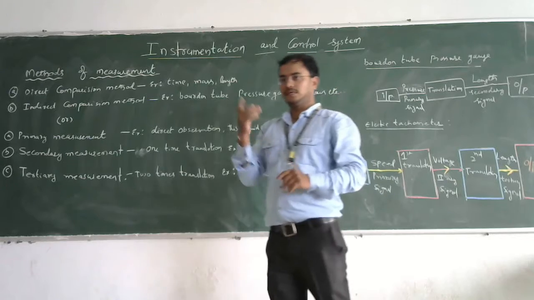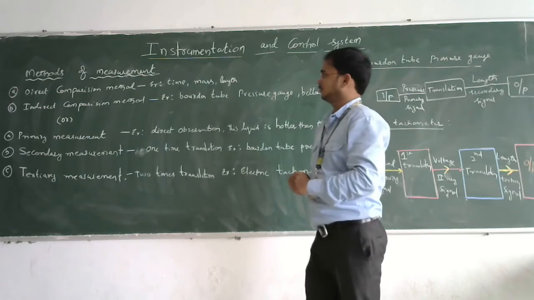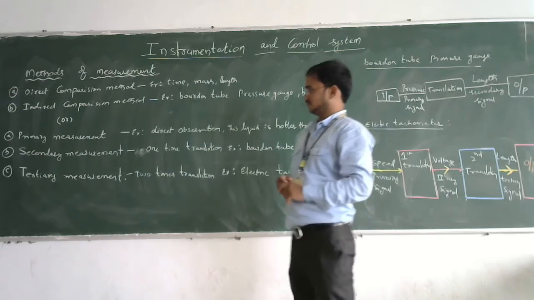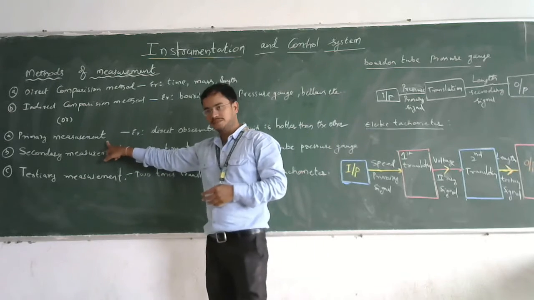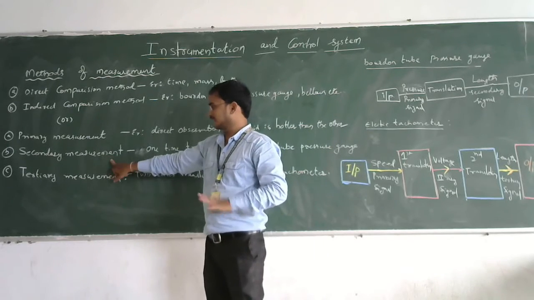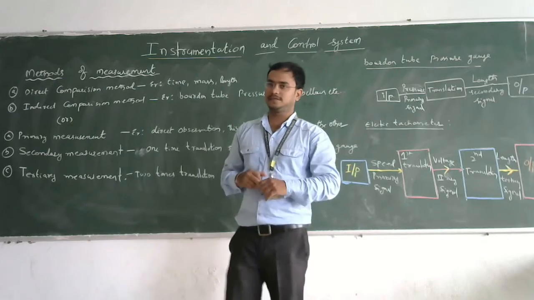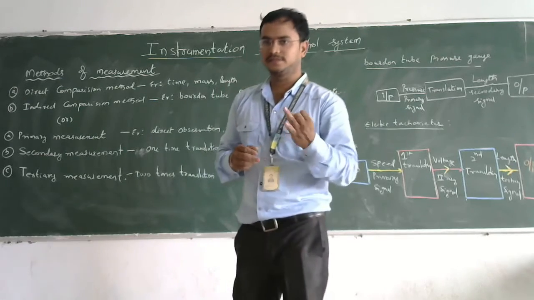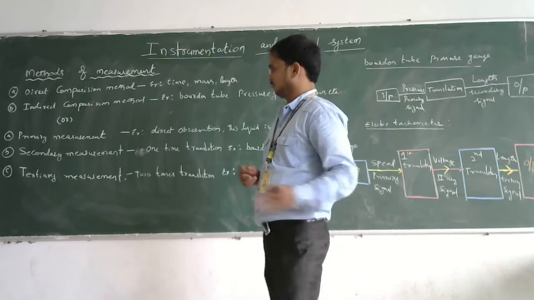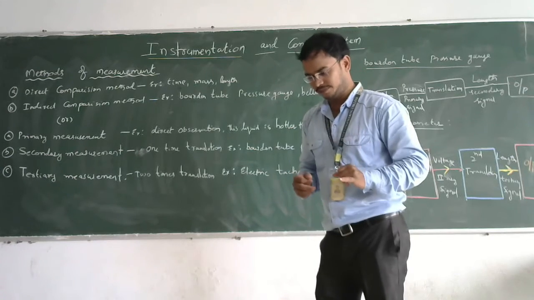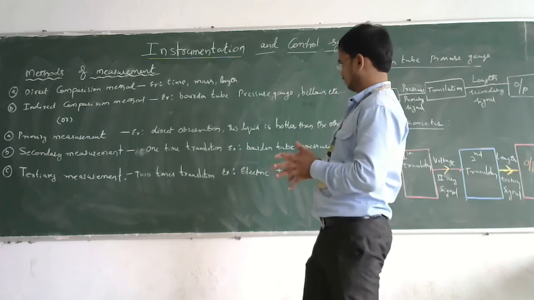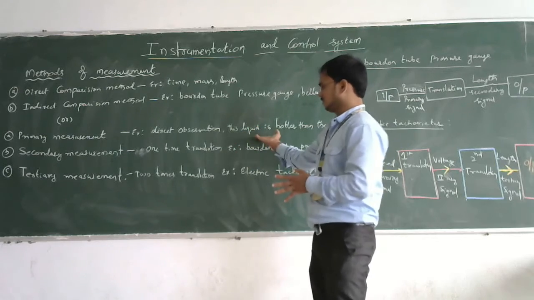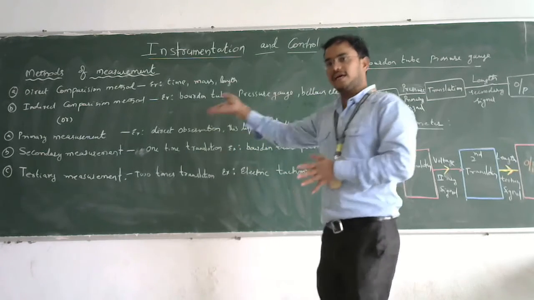Now, the other category of methods of measurement is divided into three types: primary measurement, secondary measurement, and tertiary measurement. In primary measurement, it is just a direct observation. For example, this liquid is hotter than the other.